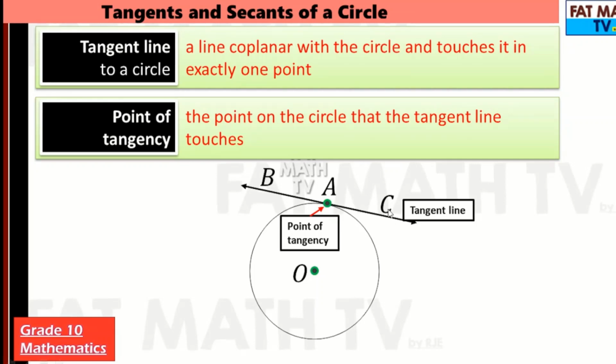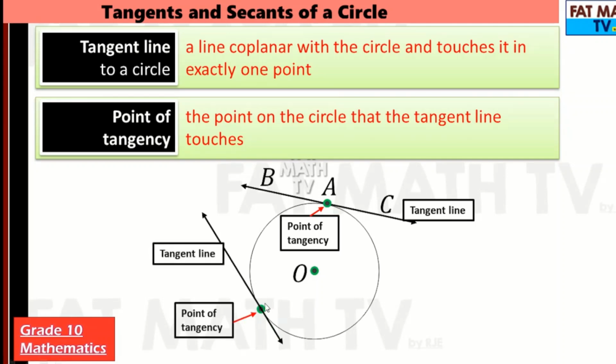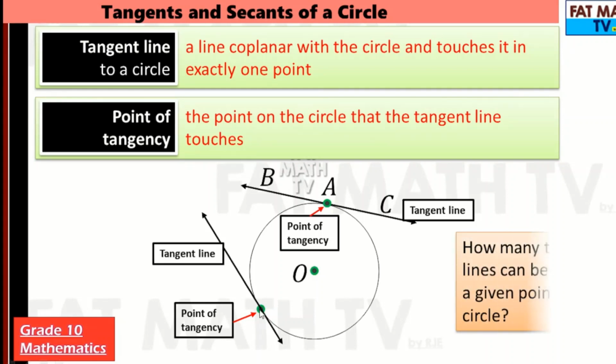And then if you have another point here, you can also make another tangent line passing through the circle at this certain point. So this point is called the point of tangency. So how many tangent lines can be drawn at a given point on the circle?